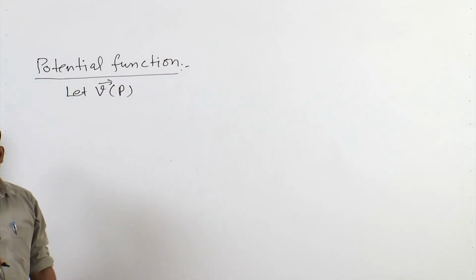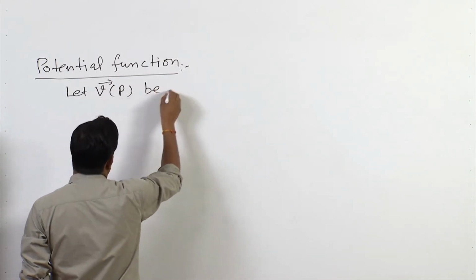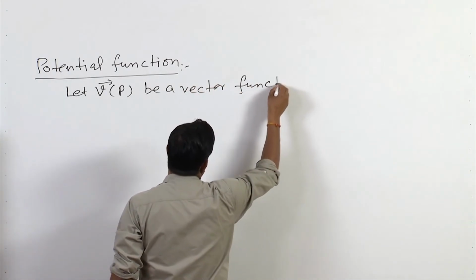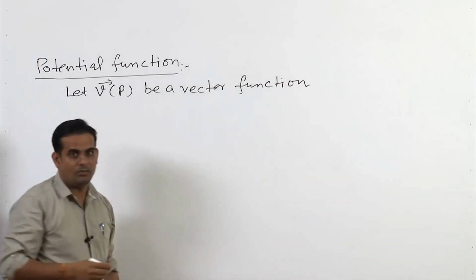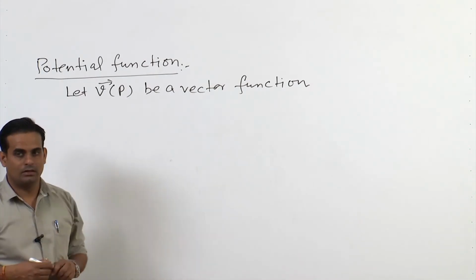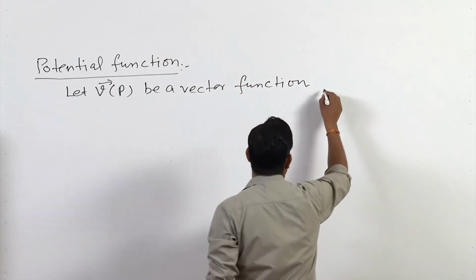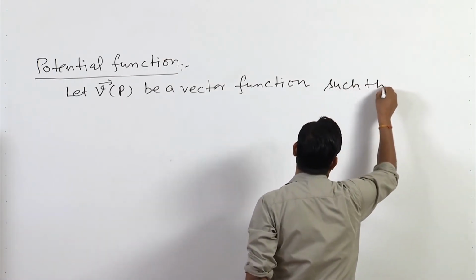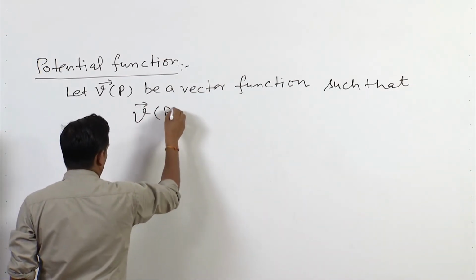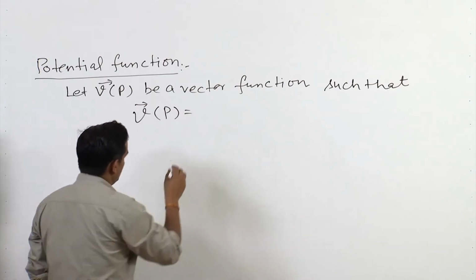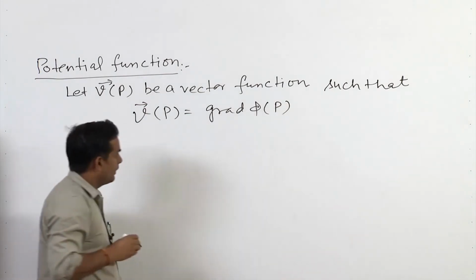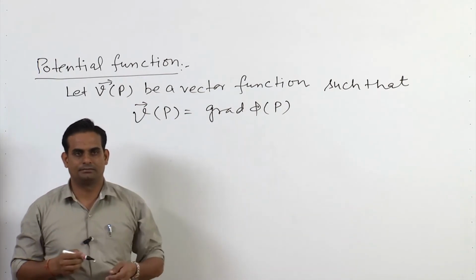So, let V be a vector function in the domain D and P be a point in this domain, such that V(P) equals the gradient of a scalar function phi.